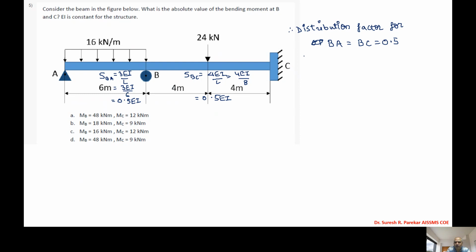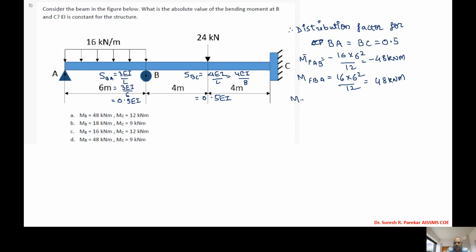Now we have the fixed end moments. So we have MFAB equal to minus WL square by 12, I will not write the formula, and we have minus 48 kilonewton meter. Then we have MFBA, 16 into 6 square by 12, and that will be 48 kilonewton meter.